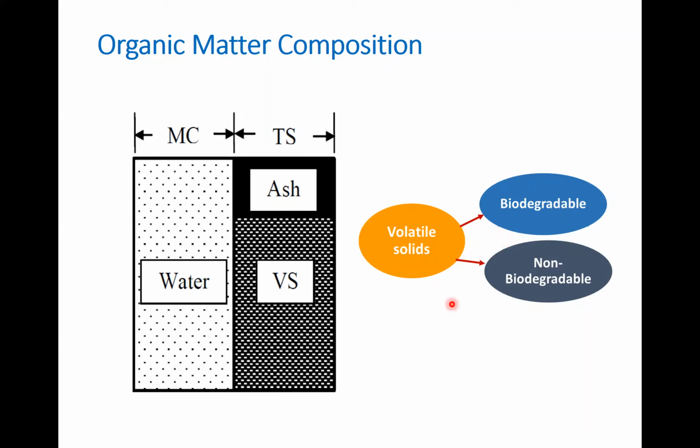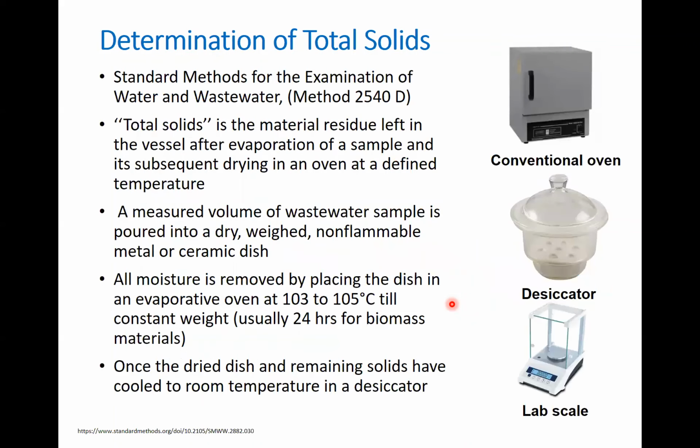The method that we are going to explain today is just to determine the total solid and the total volatile solid. It doesn't distinguish between the biodegradable or non-biodegradable fraction. Again, this video is for maybe undergraduate students or people who are not familiar with these two terminologies.